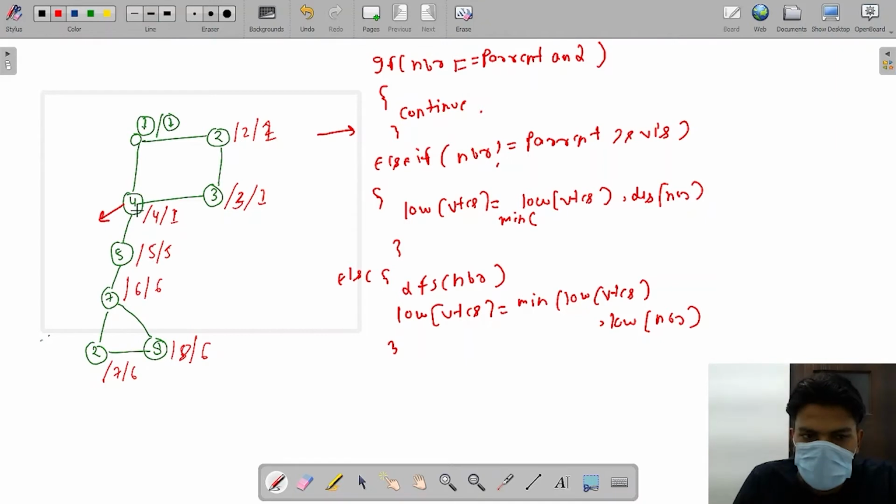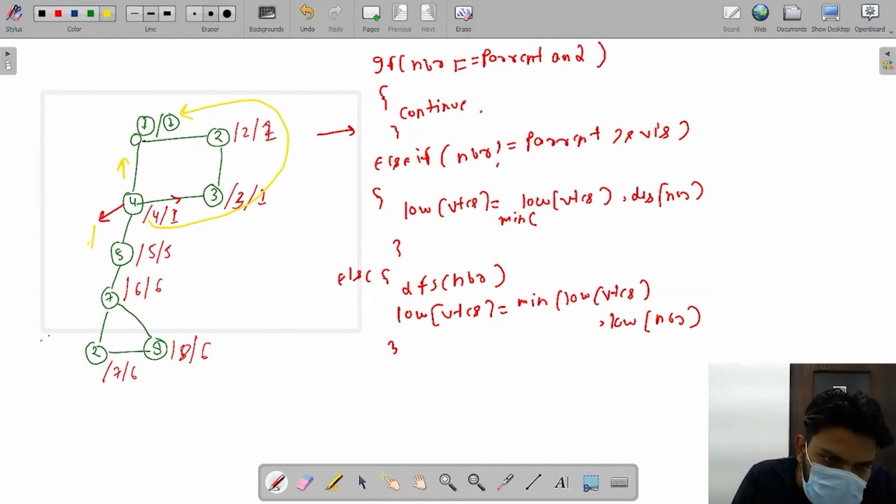This 4 has how many neighbors? This 4 has this neighbor, but we have to ignore this one. Then the first neighbor is this and the second neighbor is this.